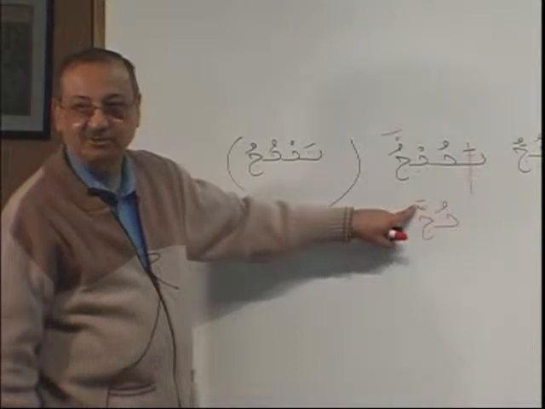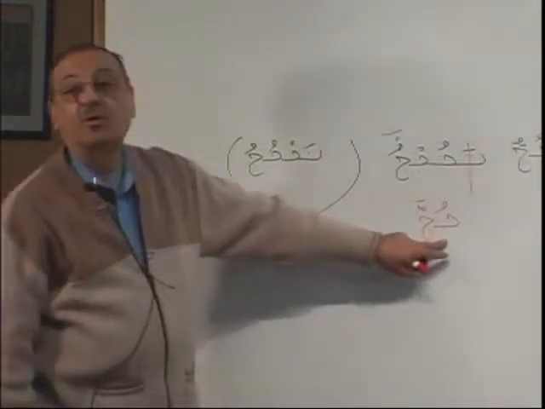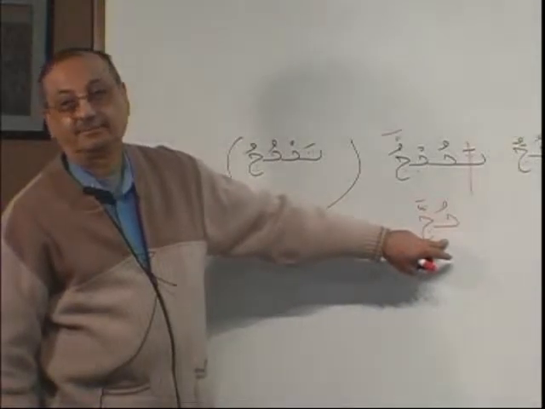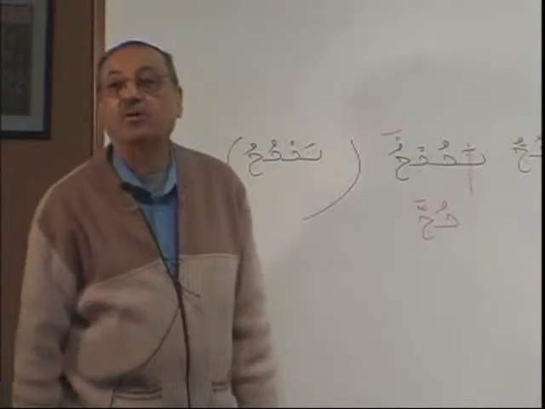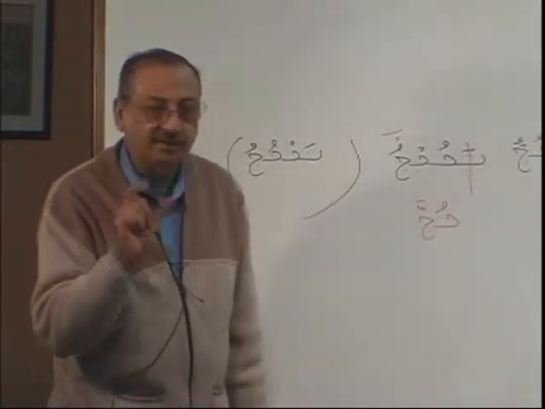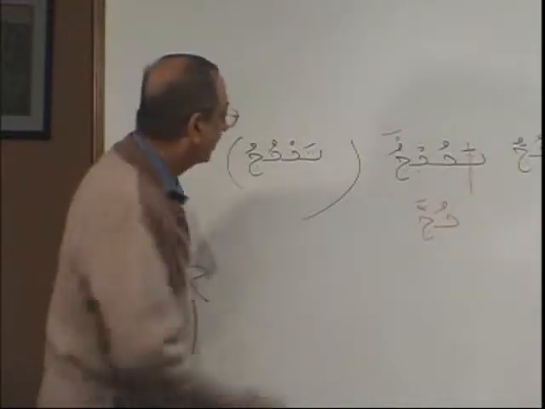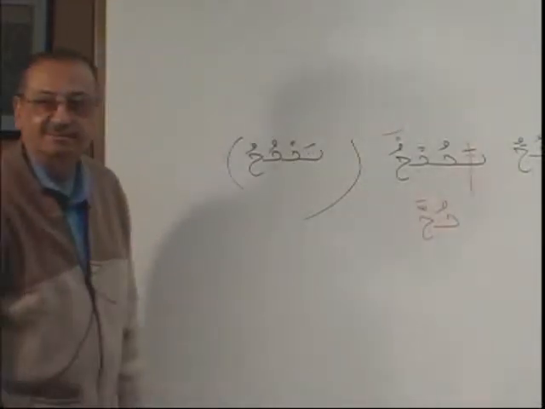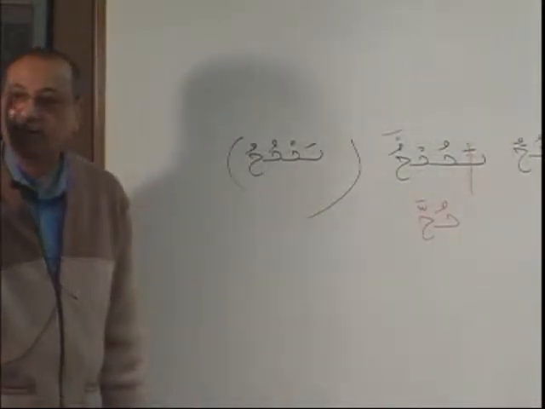Are you with me, brothers and sisters? Now, this is the normal hujja. But you can still have another form of amr, only in the first form. What is this? Tahjuju is the asal.